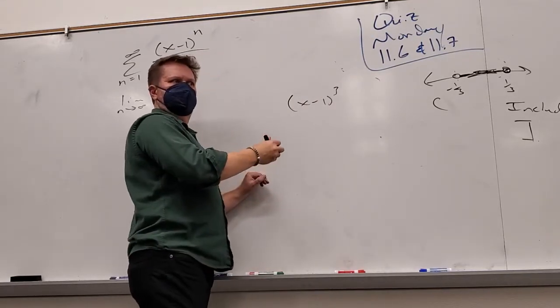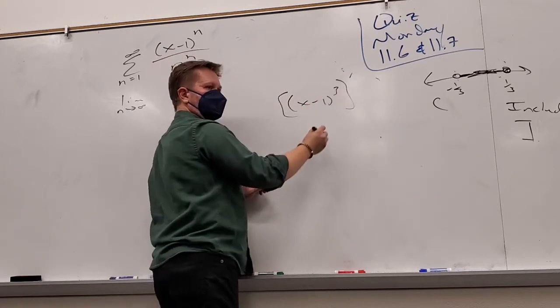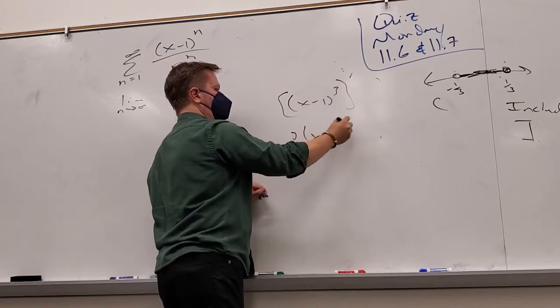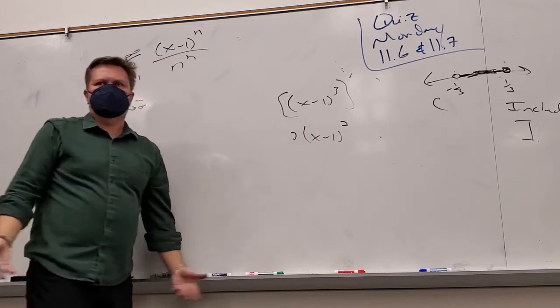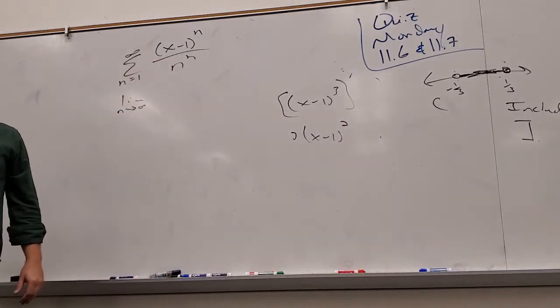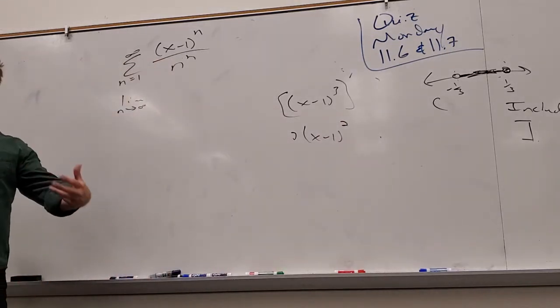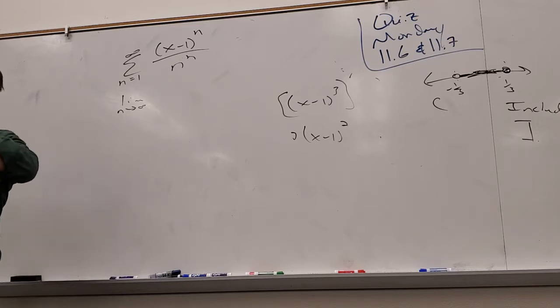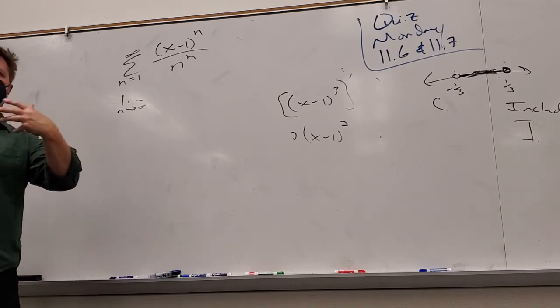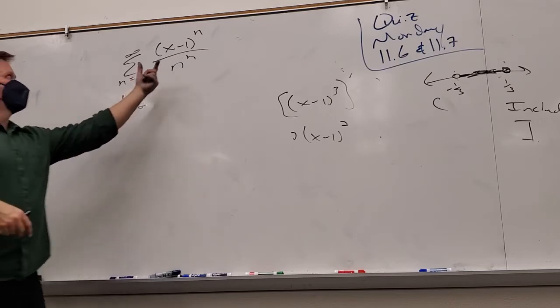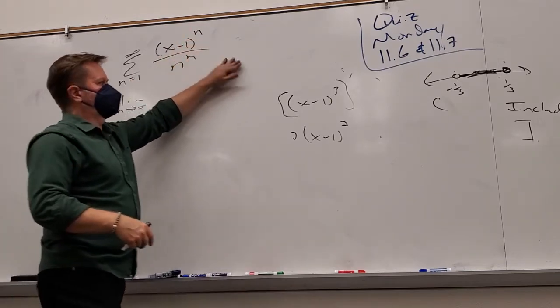No. Isn't this still a power rule? Yes. 3 comes down, x minus 1 squared, then the inside's just 1, right? I'm trying to show you why we call this a power series, because they're related to the power rule. What kind of things would the power rule apply to? Linear in x to a power, right?